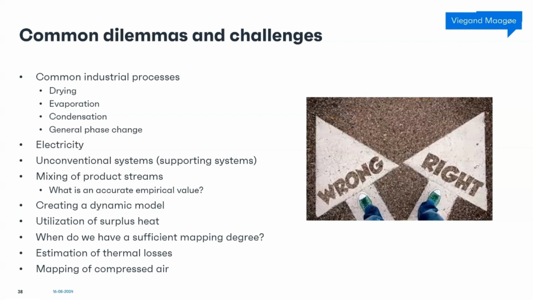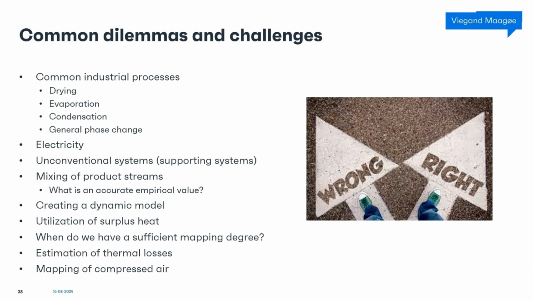How will our energy costs or our carbon footprint look for next year? Then it's nice if you don't have to go in and update and take a lot of measurements just to get this rough estimate for the budgeting part.